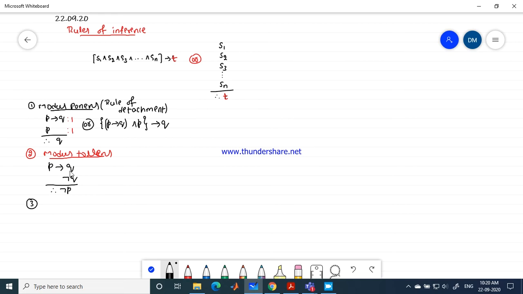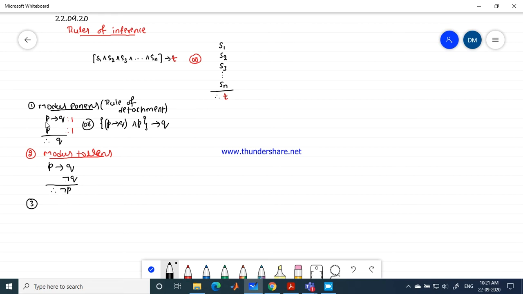P implies Q is always logically equivalent to what? P implies Q is always logically equivalent to its contrapositive, right? Yeah. So that is what I have written here. Whatever I explained earlier is applicable even here.